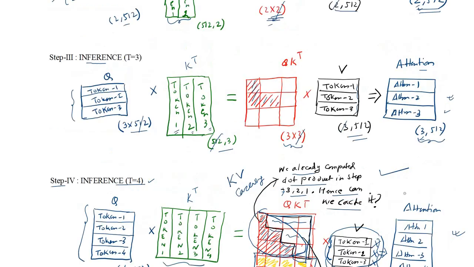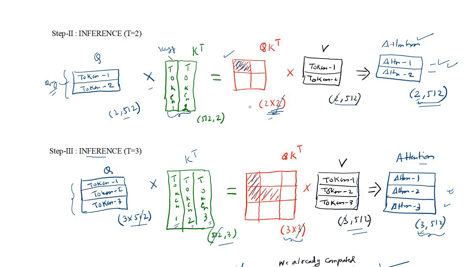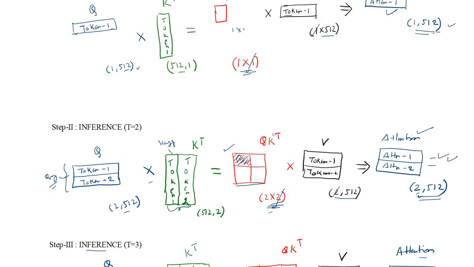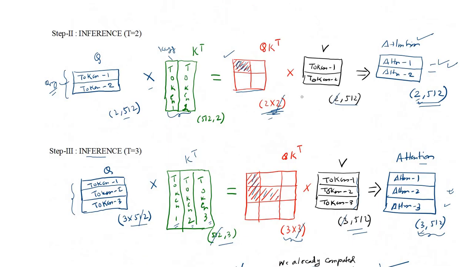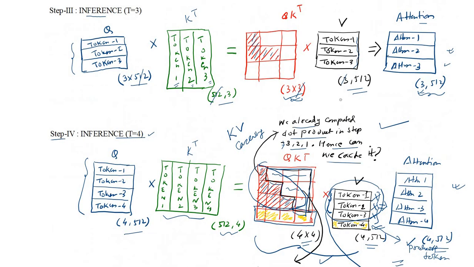Another interesting point to note is that, as I mentioned, the Q cross K transpose is increasing irrespective of the number of dimensions. So it is 1 cross 1, it is 2 cross 2, for the third inference it is 3 cross 3, and for the fourth inference it is 4 cross 4.